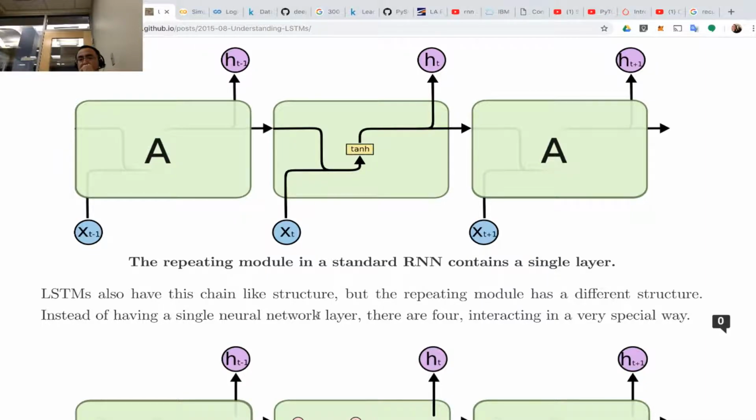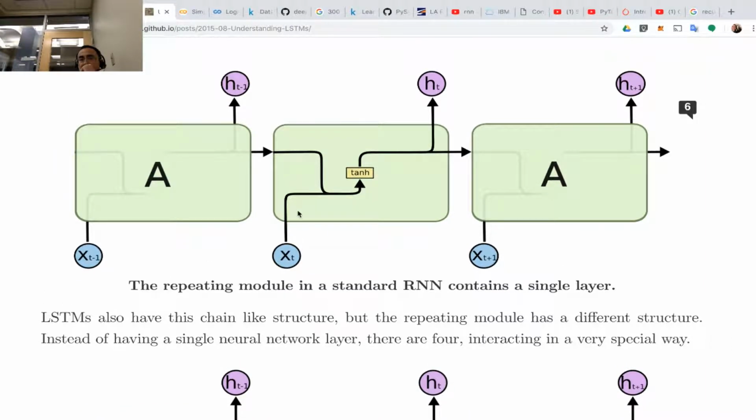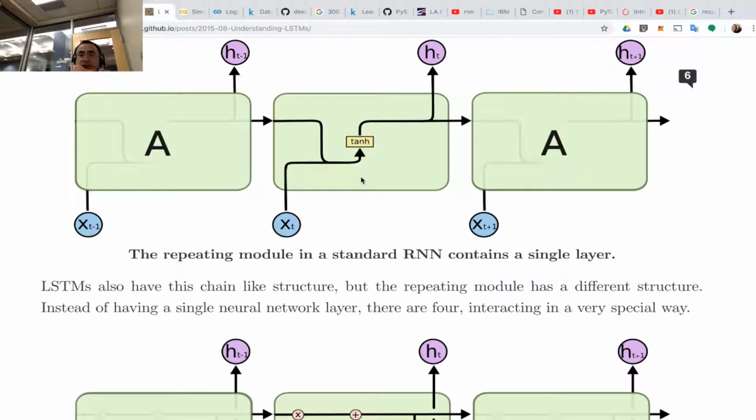So for RNN, it's just one. The input comes in and then is just squashed after that with a tanh. Why tanh? From what I heard, it just works. Okay, why not ReLU or any other squashing function? It just works, and that's science.